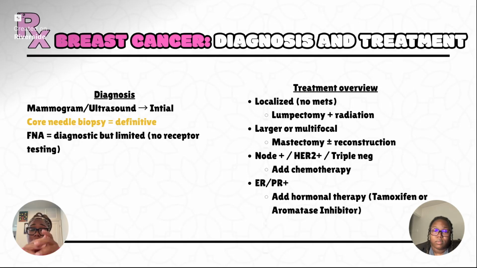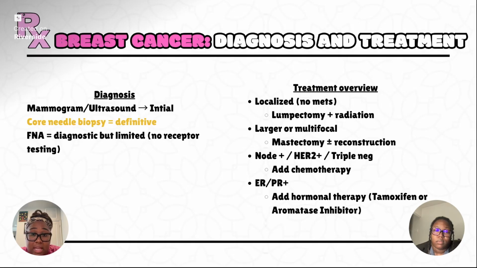If it is larger or multifocal, so we're stepping up, mastectomy plus or minus reconstruction, that is up to you and your surgeon and your funds and all of those things. You will see some women who have had a full reconstruction with implants and some women who choose to just keep their scars. And then you have node positive, HER2 positive, triple negative.